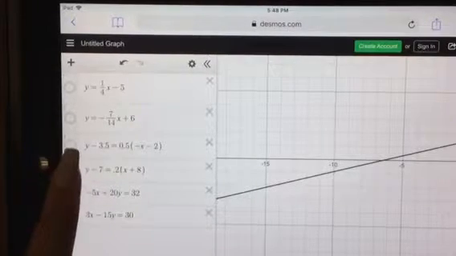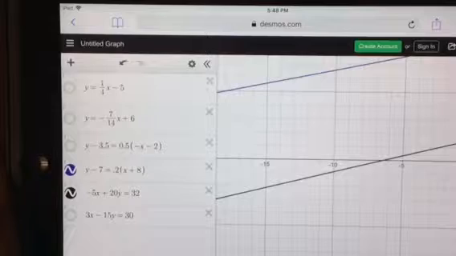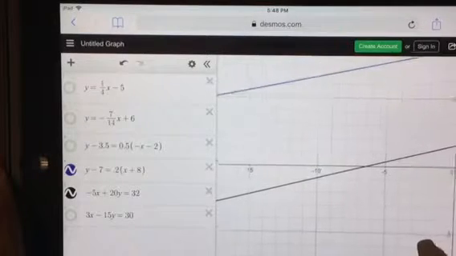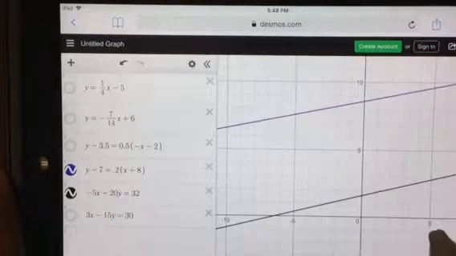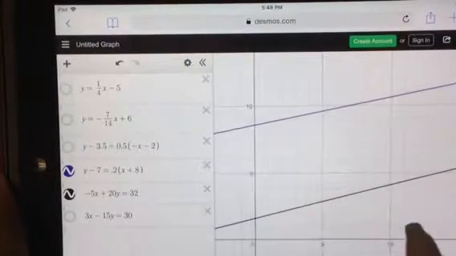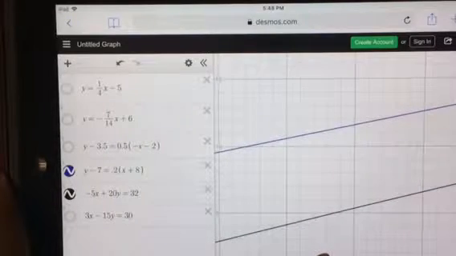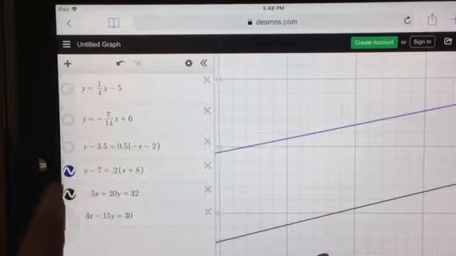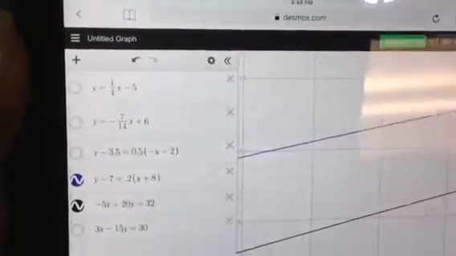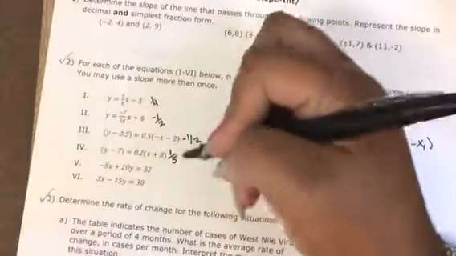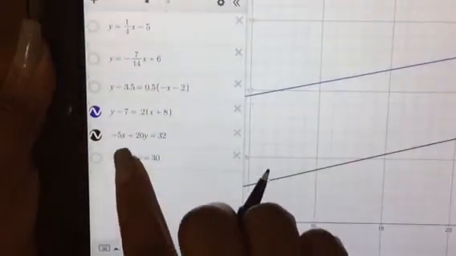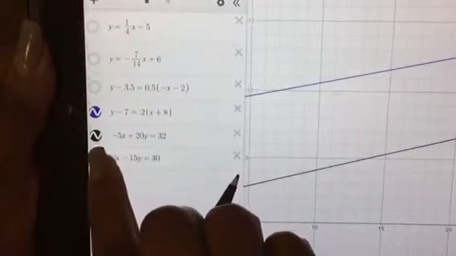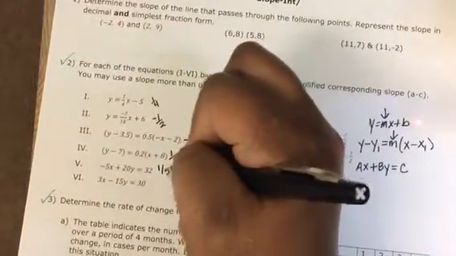I'm going to check to see if it's parallel to this one. There we go. It looks like it's parallel. If I travel along the graph, it's not going to touch. So it's parallel to my purple line. My purple line has a slope of 1 over 5. So my black line has a slope of 1 over 5 as well. So I'm going to put 1 over 5.